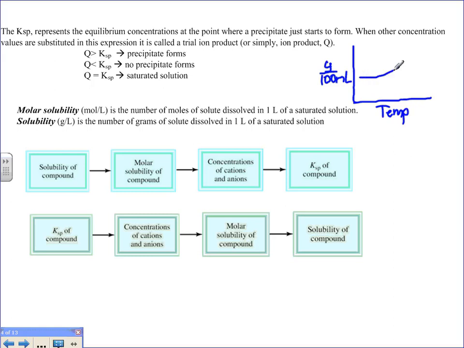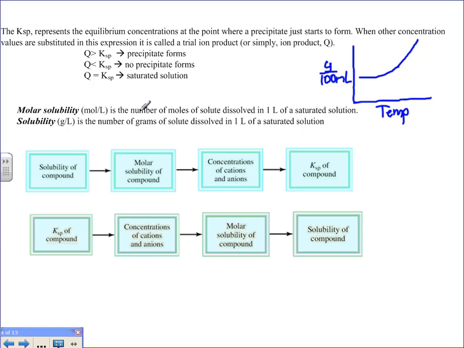You'll remember you did questions with several curves that asked about various scenarios, whether it was a saturated, unsaturated, or supersaturated solution. The values along the curve represented saturated solutions. Anything above was supersaturated, and anything below was unsaturated. So you were looking at solubility in grams per 100 milliliters.